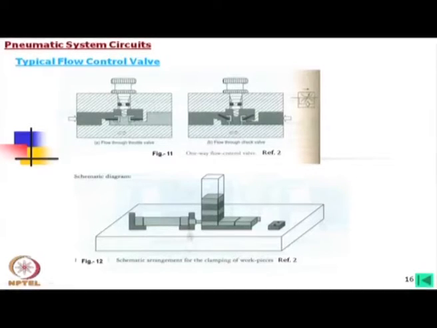For example, this is a schematic arrangement for the clamping of a workpiece. Air is flowing, and if we completely trap the fluid, suppose you try to hold something by trapping the fluid, you will find that after some time the pressure is reduced and the clamp is not working.